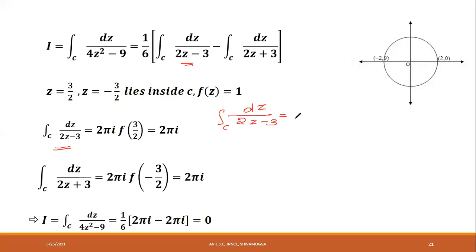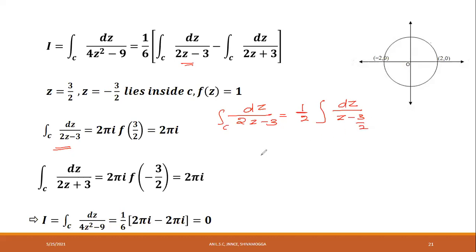Here a linear factor in the form z minus a is required, not 2z minus a. Therefore, we take 1 by 2 as common factor. As 1 by 2 comes outside, what you get here is dz divided by z minus 3 by 2.